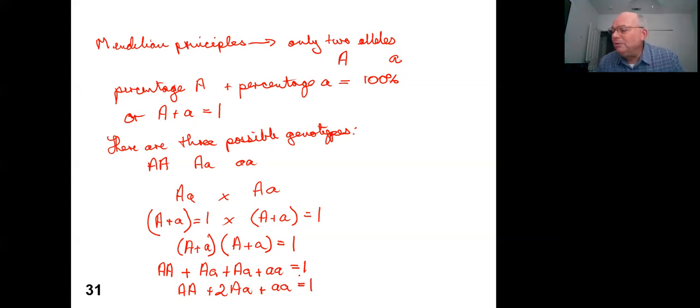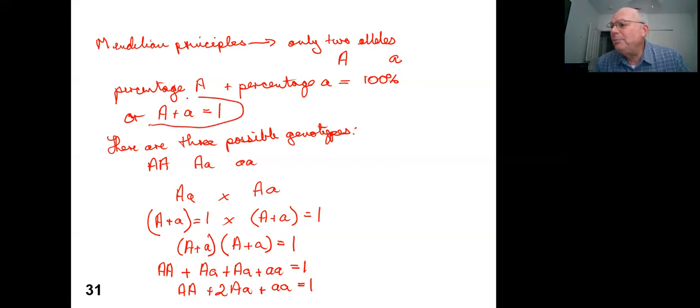But now when we look at this and we look back at our 3 genotypes, we see our 3 genotypes represented here. Our homozygous dominant, our heterozygous, and our homozygous recessive. And the frequencies of these 3 genotypes in a population must all add up to 1, which stands to reason. And so this equation now helps us get a handle on the frequency of the 3 genotypes in a population, because each of these terms represents the frequency of one of the 3 genotypes in the population, and the sum total of the 3 genotypes must add up to 1.